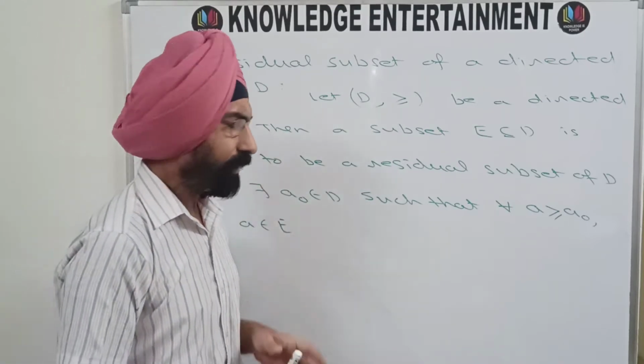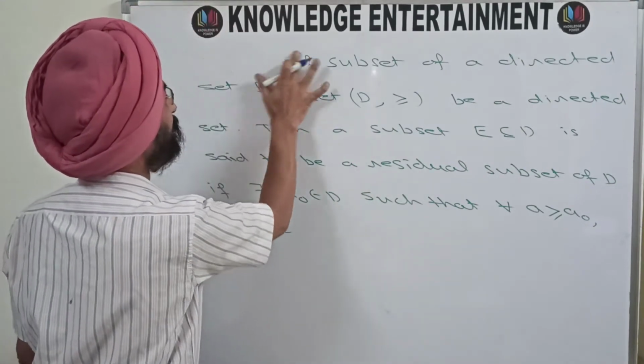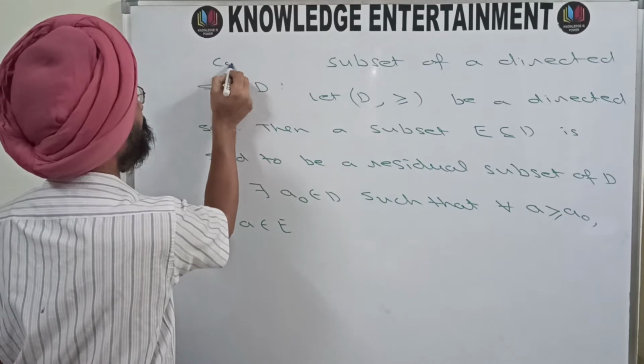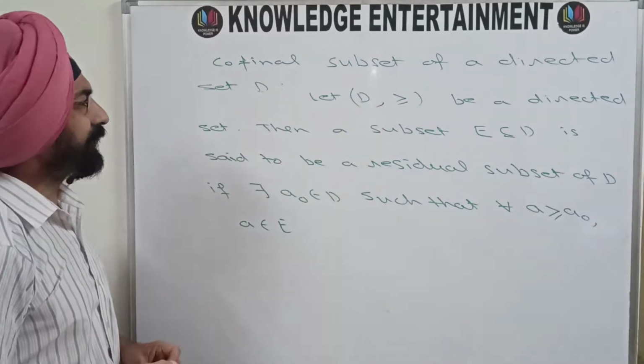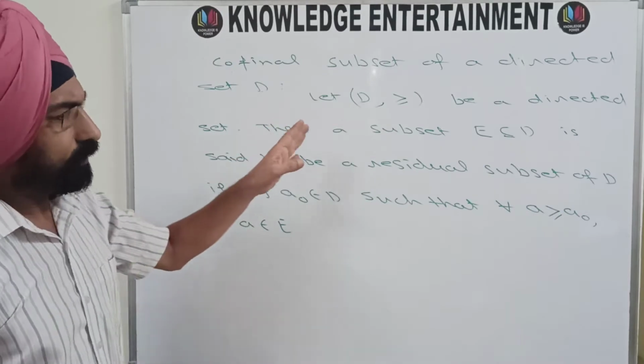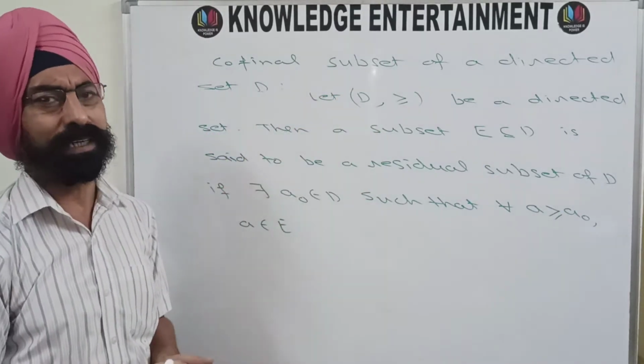And then there is another definition, cofinal subset of D. So let us see what is a cofinal subset of a directed set D. I am not writing it once again because I will just change it here and you will get to know.